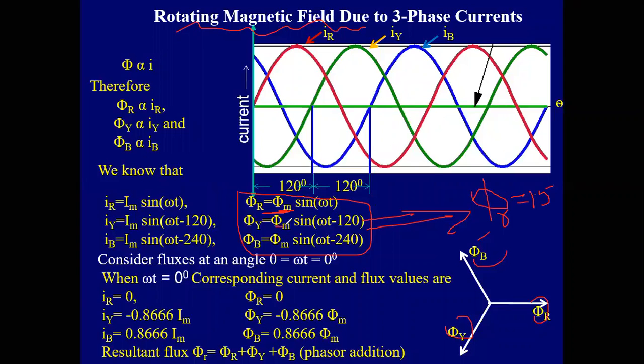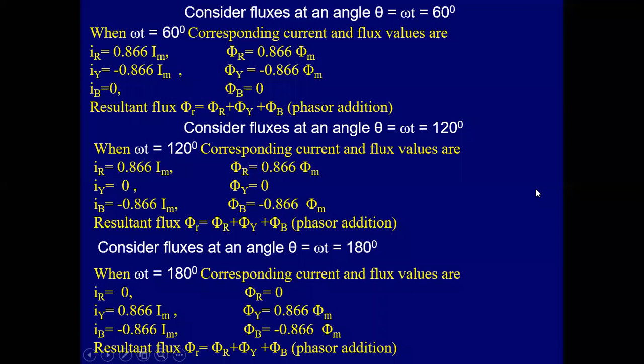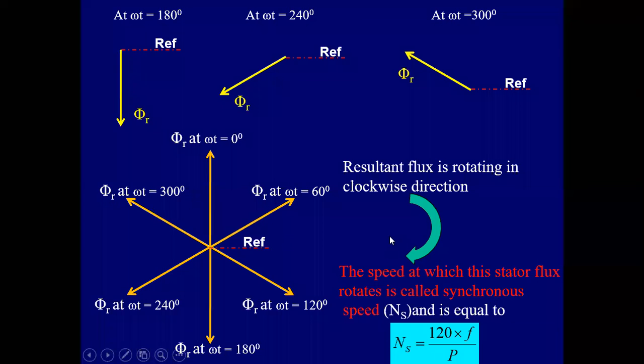And at what speed does this resultant magnetic field rotate? At synchronous speed, that is ns, which we also saw. Here we followed the RYB sequence, which is why it is rotating in the clockwise direction.